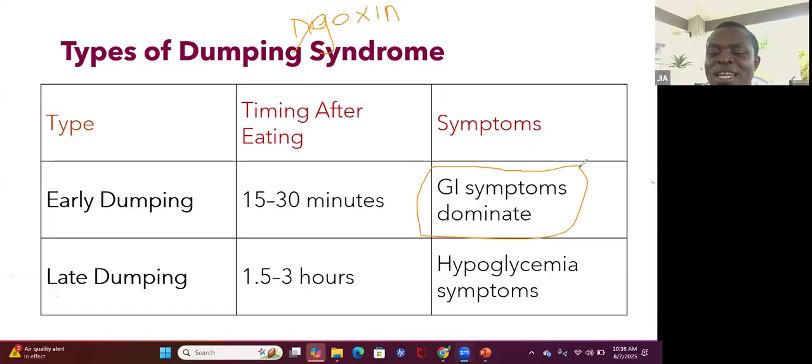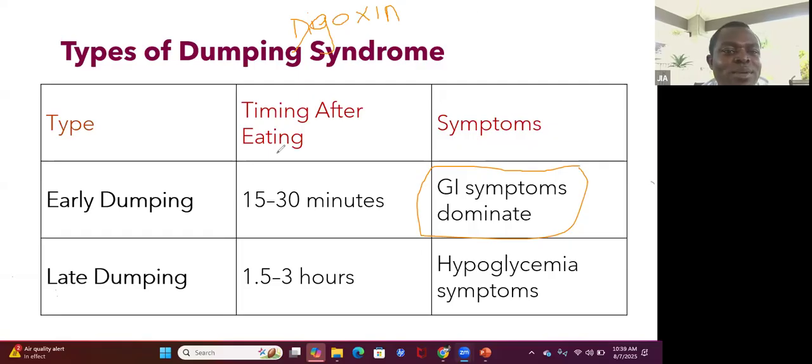You stand a high chance of getting it correct. So let's say you have a lithium toxicity question and they ask which of the following shows that the patient is having early signs of lithium toxicity: nausea, vomiting, diarrhea. You see any GI symptoms there, but always go for nausea and vomiting first, before the other GI symptoms. That's if you don't know or you are not really sure. You stand a high chance of getting it correct.